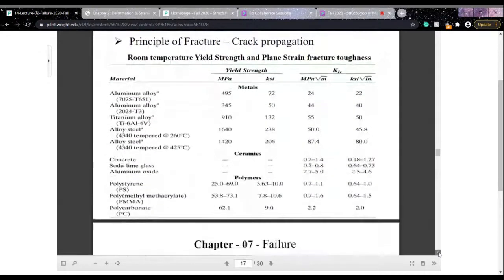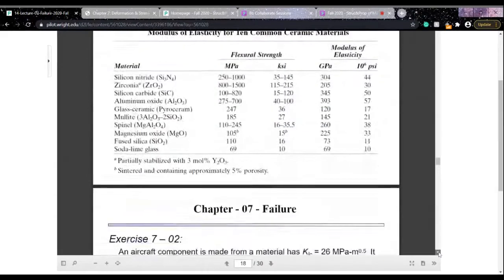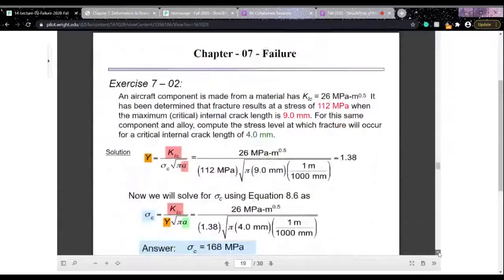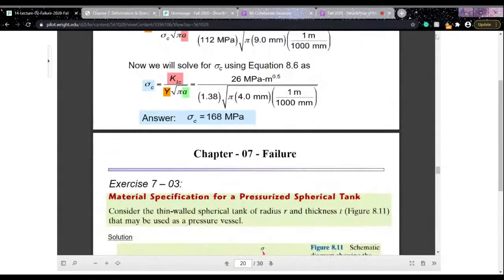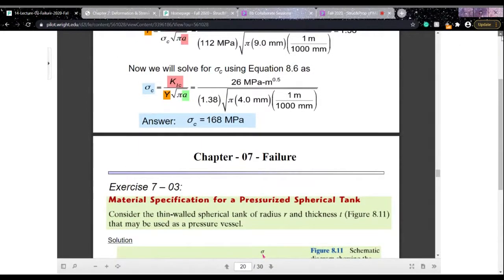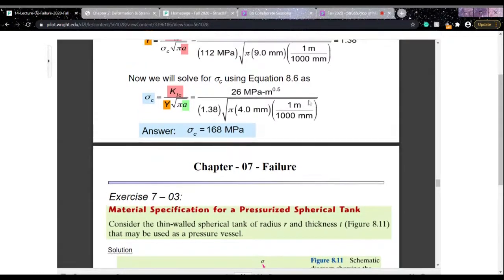And then we have other modes, which are the tearing mode and the shearing mode. Once you have the fracture toughness value, you can also use this equation to find the critical stress. So critical stress is KIC over Y root pi a. It is just rearranging the formula above.